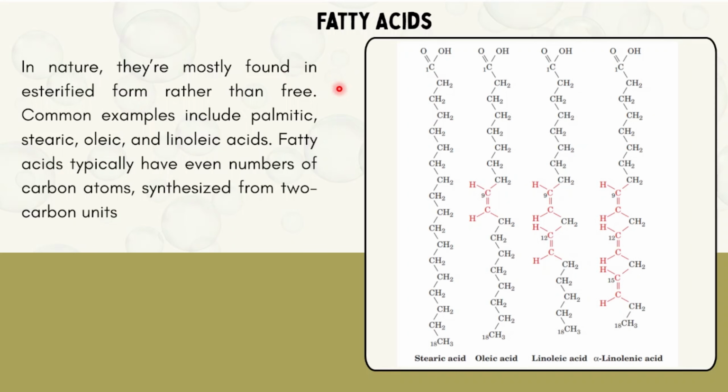And some common examples of fatty acids include palmitic acid, which is 16 carbon, stearic acid, which we have seen earlier is 18 carbon, oleic, linoleic acids, and so on and so forth. So here are some examples. You can see that the double bond in oleic acid occurs between carbon 9 and 10, and in linoleic acid there are two double bonds, one between 9 and 10 and another between 12 and 13.